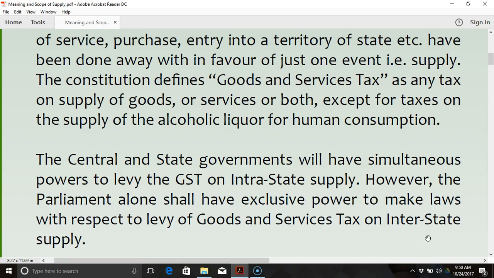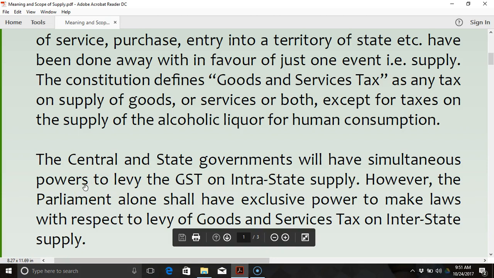If that be the case, the Parliament will have the power to make laws with respect to levy of GST on interstate supplies. In case of interstate supplies, IGST, the integrated goods and service tax, is levied, and the Parliament has the exclusive power. What does exclusive power mean? The Parliament alone will have the power.